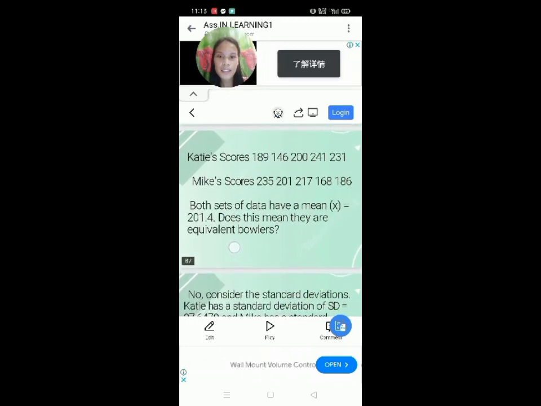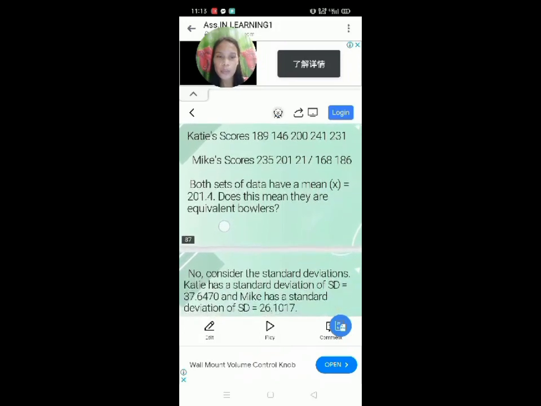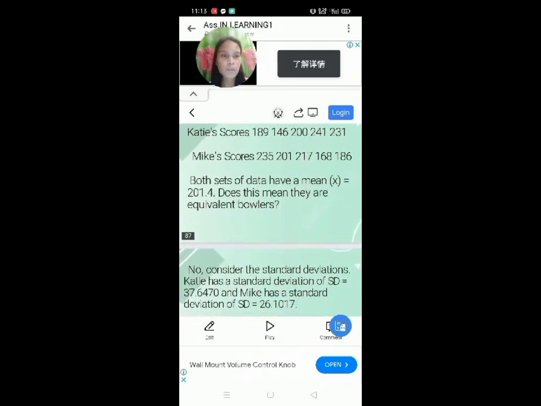The total 1007 is divided by 5, so we get 201.4. Thus, since they have the same mean, they are equivalent bowlers. Now consider the standard deviations.